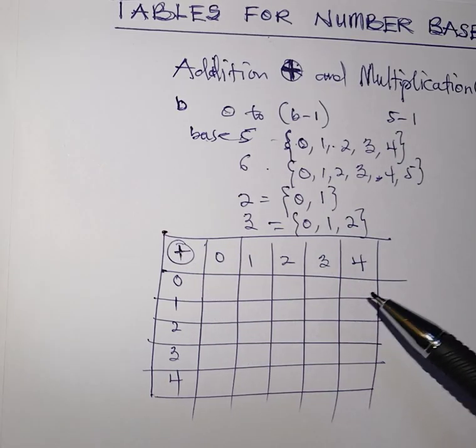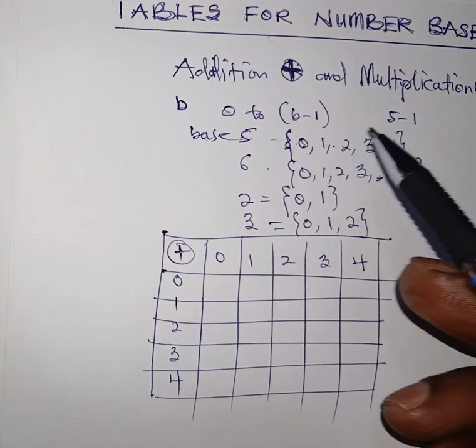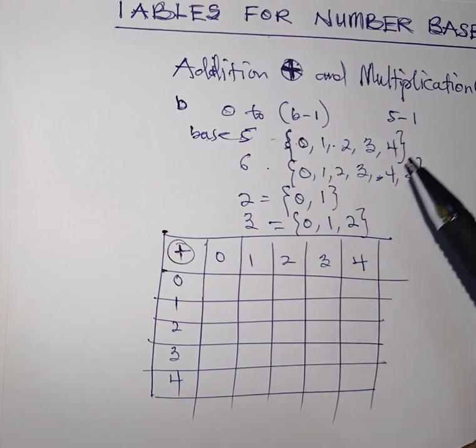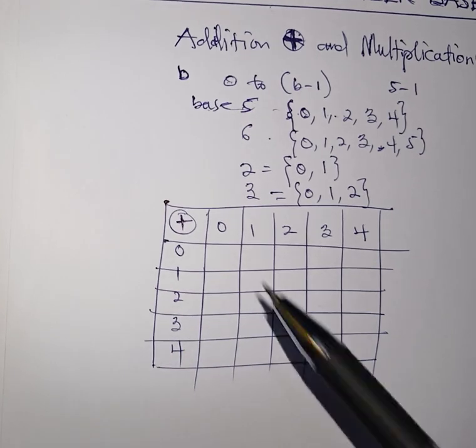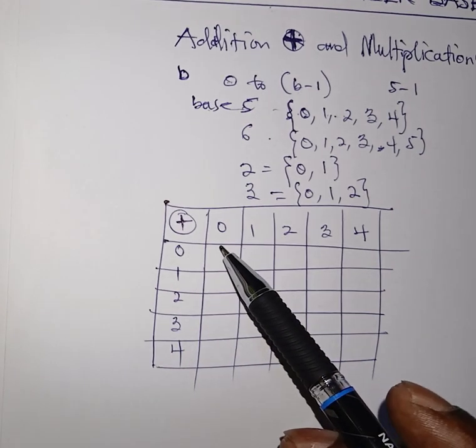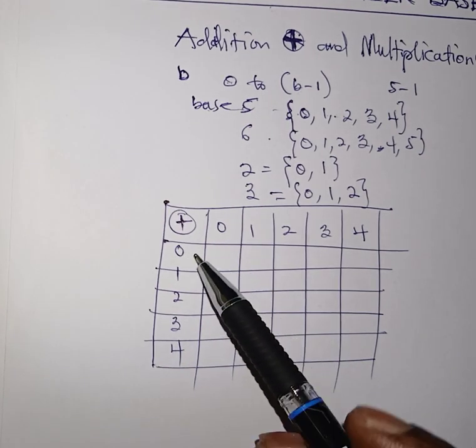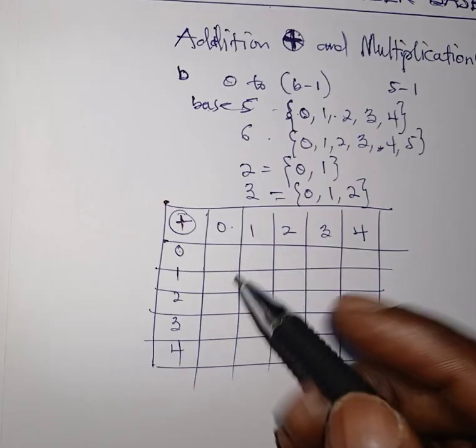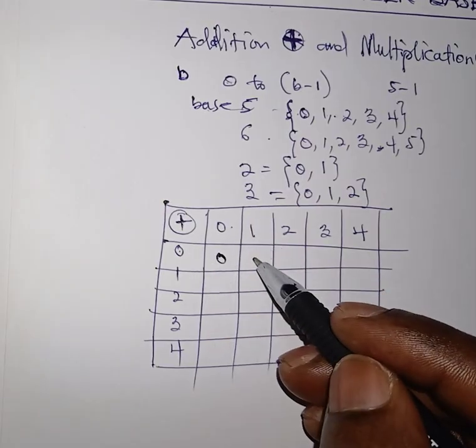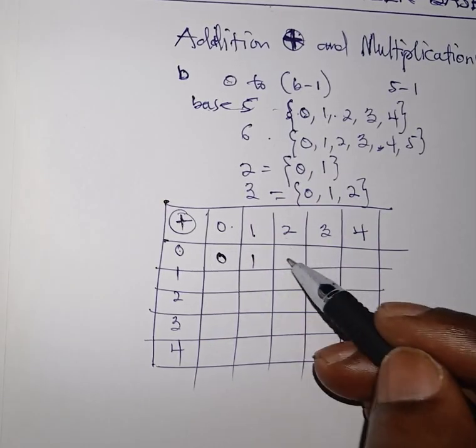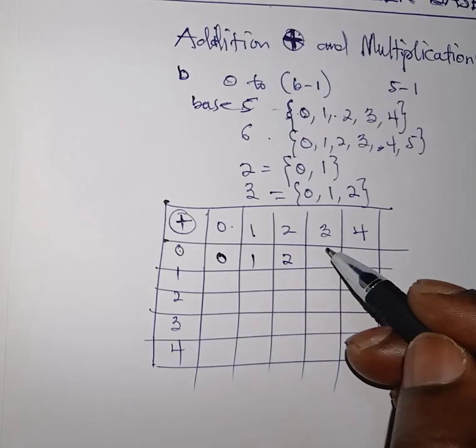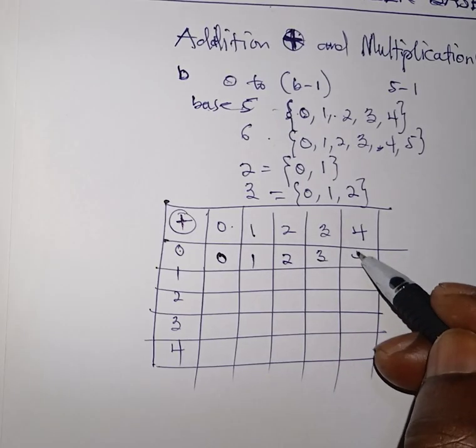So if you are given addition in base 5, what you do, you add. When you add, we add the first column. So 0 plus 0, you write 0, plus this, you write a 1. 0 plus 2, you write 2, plus 3, 3, and then 4.